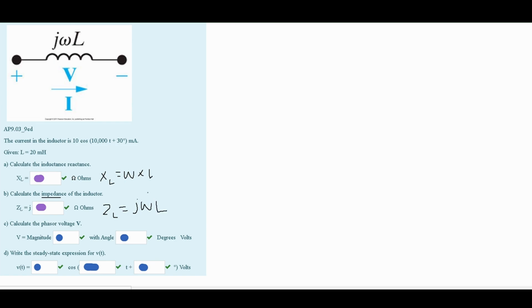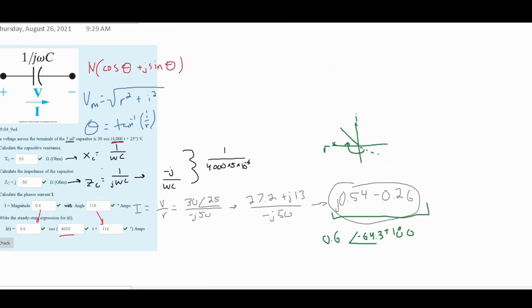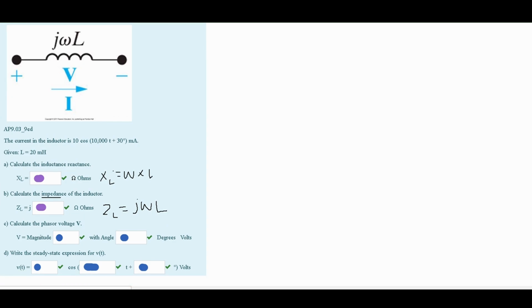Now, this isn't very important for this problem specifically, but if we were to look back at a previous problem we did with the capacitor, it is super important because we are going to have a negative after we flip this j from the bottom to the top, and it will change our Z for capacitance. But our Z for inductance is very similar to our inductive reactance. So knowing that the only difference is going to be j for our Z, we can multiply these out.